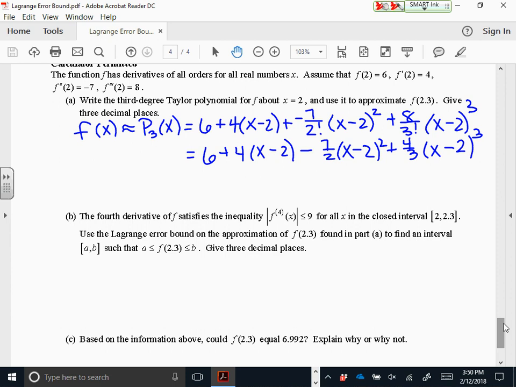Okay? Now, use it to approximate f of 2.3. We're going to use our polynomial to plug it in. That would be 6.921. We're going to plug 2.3 into each one of those x's and get 6.921.